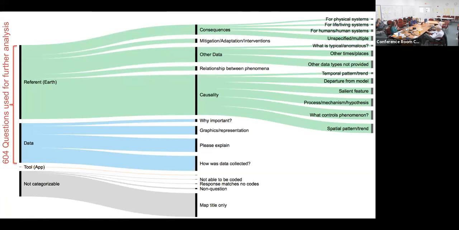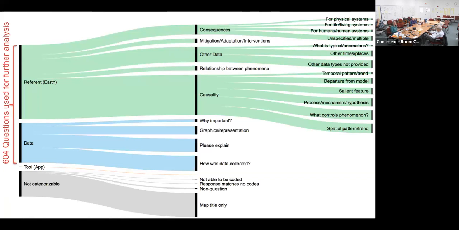So I think that both data questions and Earth questions, or if you want to think more broadly than just geosciences, we also call them referent questions, questions about the thing of which the data is a representation, have an important role to play in teaching and learning with data.